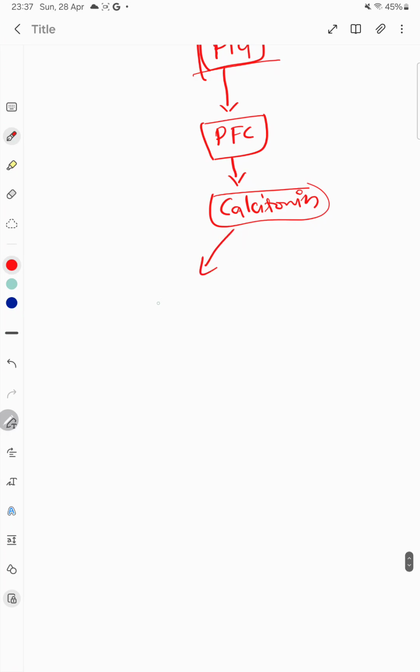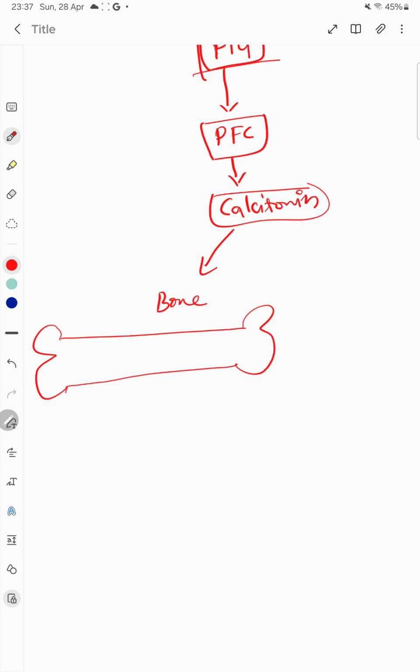This calcitonin acts on bone first. So I already told you, if you consider that this is the bone, in the bone there are two cells, as I already discussed in the previous explanation. The first cell is the osteoblast. What is the function of the osteoblast? The osteoblast helps in strengthening up the bone.